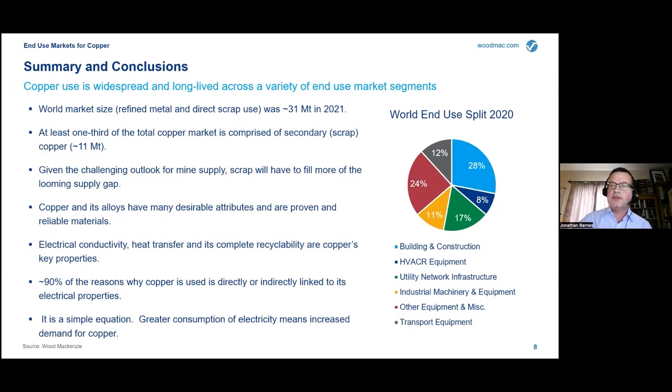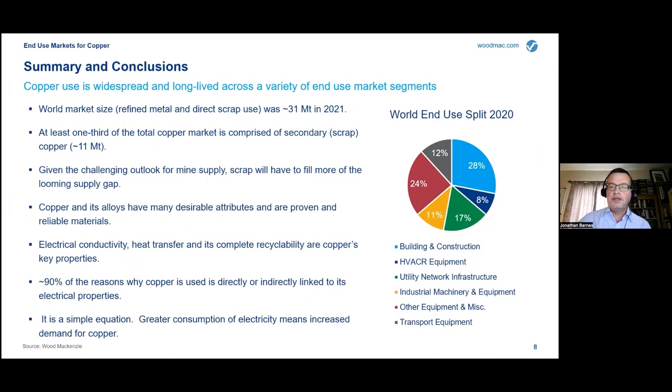At least a third of this market was comprised of secondary or scrap materials, around 11 million tons. And when we look to the future with the challenging outlook for mine supply, we think it's one of the key conclusions that scrap is going to have to fill more of the looming supply gap.